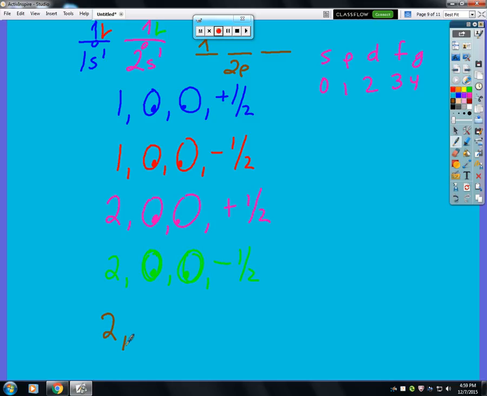Now I'm in the P's, so I have 1. What spot am I in? Not the 0 spot, but the minus 1 spot. So it's minus 1. And how's it spinning? Up. So do you see the pattern? These are all quantum numbers for boron. The blue goes with the blue electron, the red with the red one, the pink with the pink, the yellow with the yellow, and the brown with the brown.